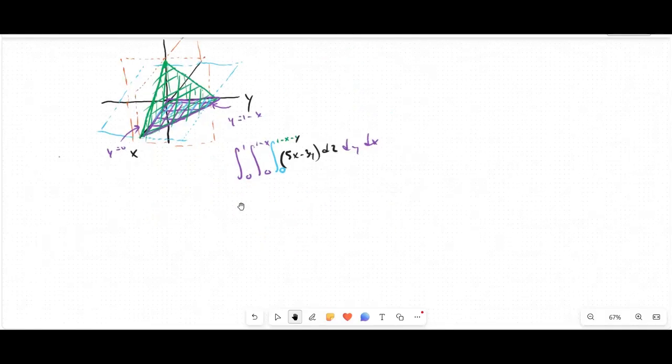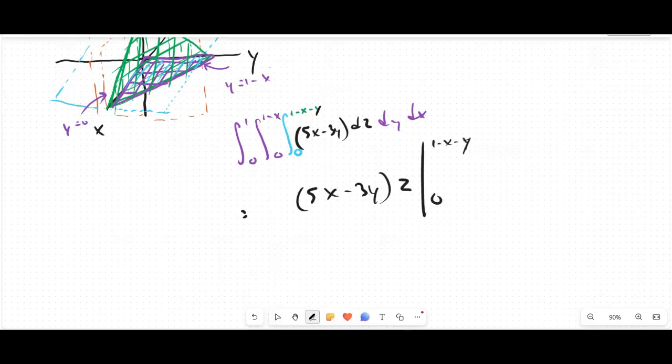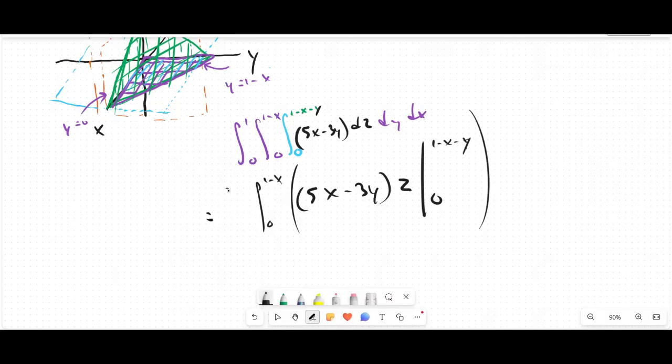All right, let's race through some calculations. Let's do it this way. 5x minus 3y. I'll just treat that all as one constant. Z evaluated from 0 to 1 minus x minus y. That's the innermost integral. I can't lose this guy or this guy.